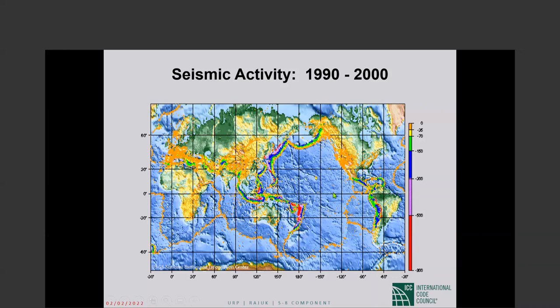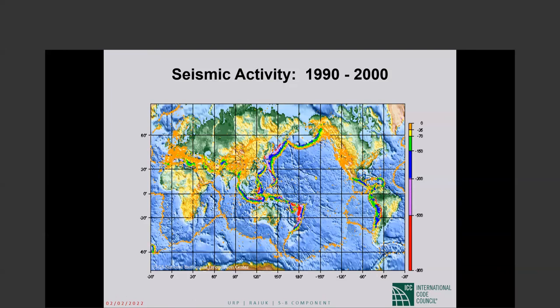So this is about the biggest conclusion that emerges from a picture like this. Western part of the United States, plenty of earthquakes. In the east, compared to the west, hardly any earthquakes.